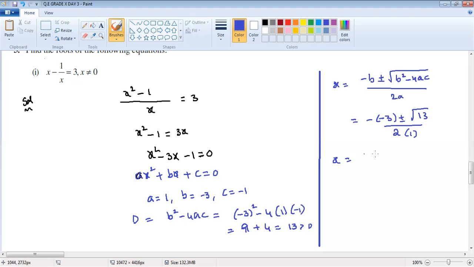And x is equal to 3 plus or minus root 13 by 2, right? One root is 3 plus root 13 by 2. Another root is 3 minus root 13 by 2. Got it? Yes, sir. Okay, next.